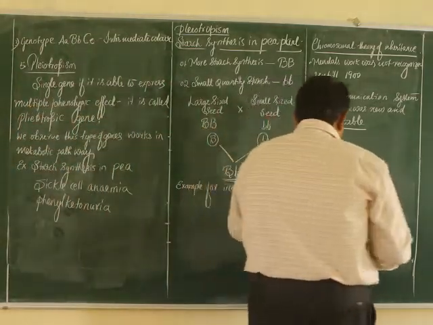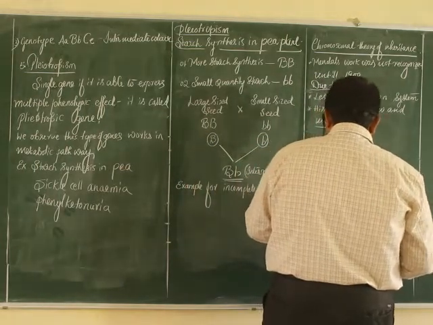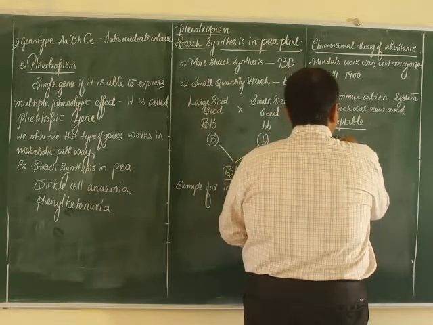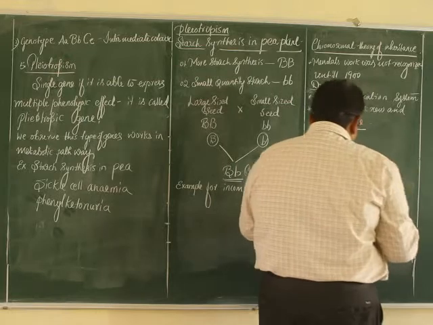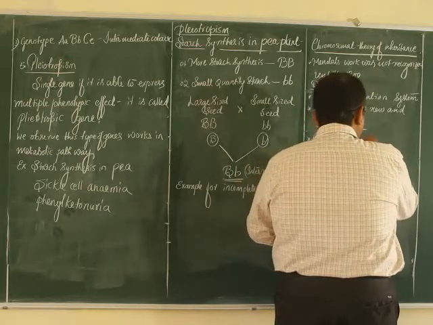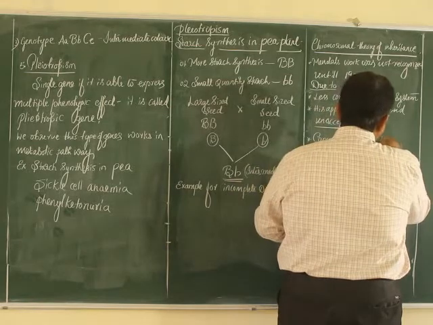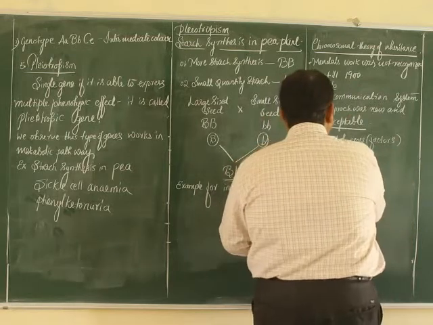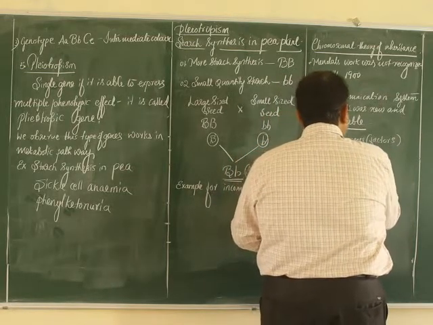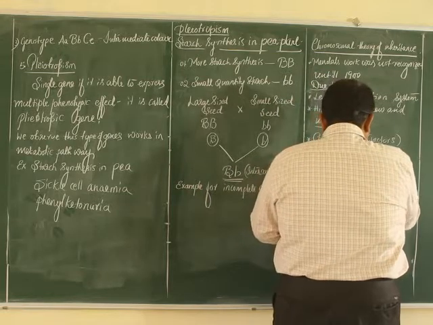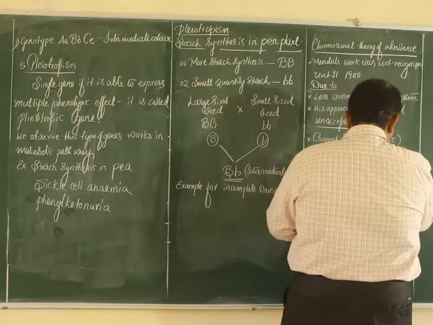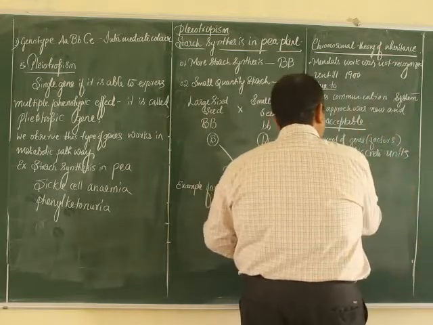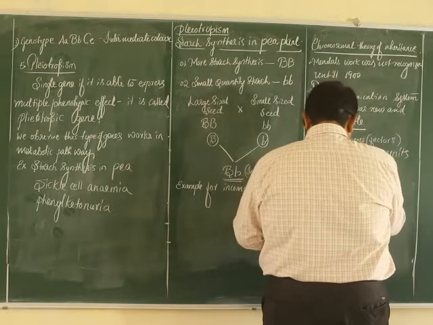Then, the concept of genes or the factors. Mendel told that the traits, the factors, are stable, discrete units, and this was unacceptable.